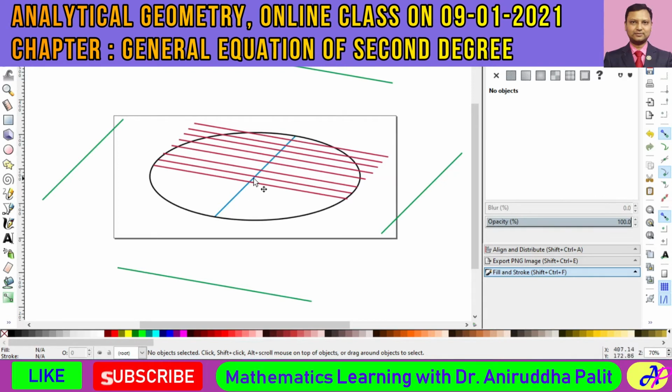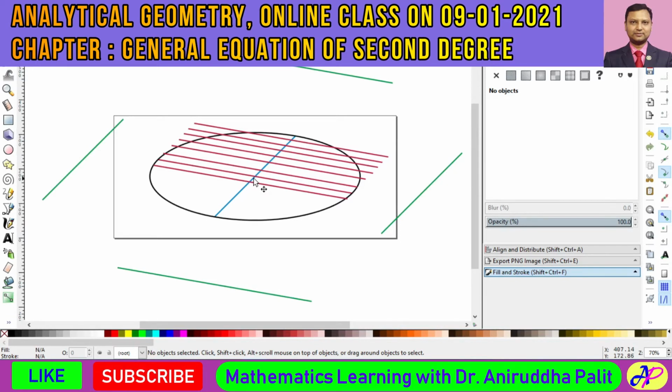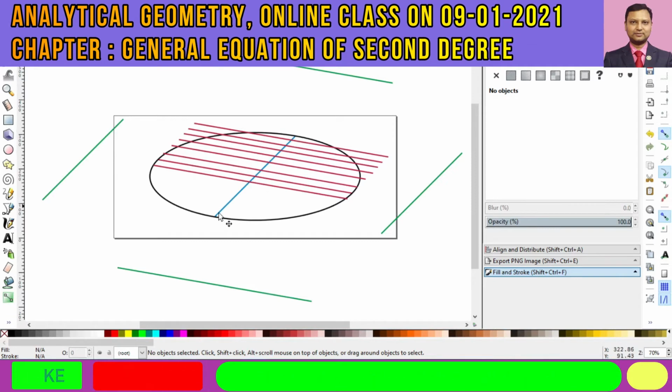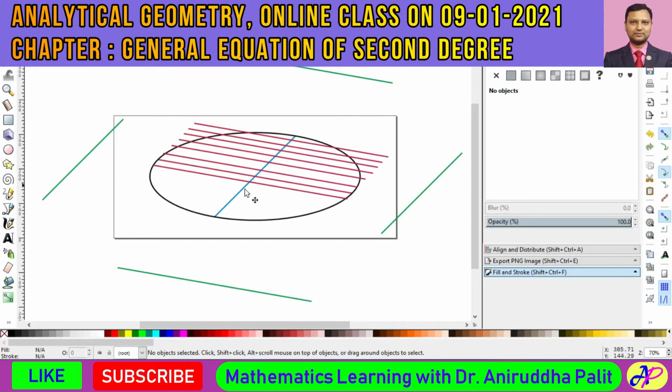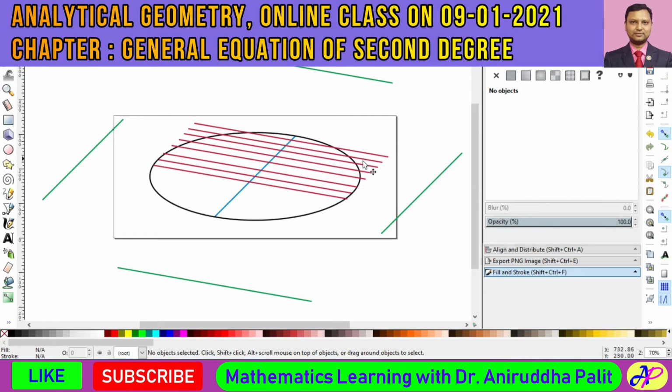We shall prove this result. Before giving the formal definition of diameter, we shall find the equation of this kind of straight line. These points are actually the middlemost points of all these chords.